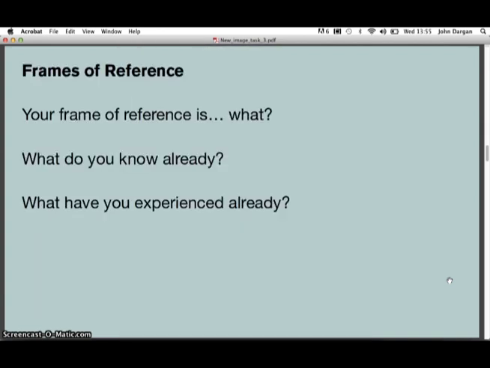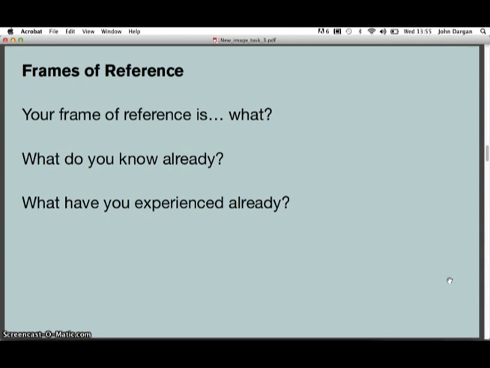So what is a frame of reference? Well, in a sense, you can only know what you know, okay? And that's kind of the point of education. We can introduce you to lots more things so you start to know more stuff, but at any point in your life, you will have what some people call a frame of reference.